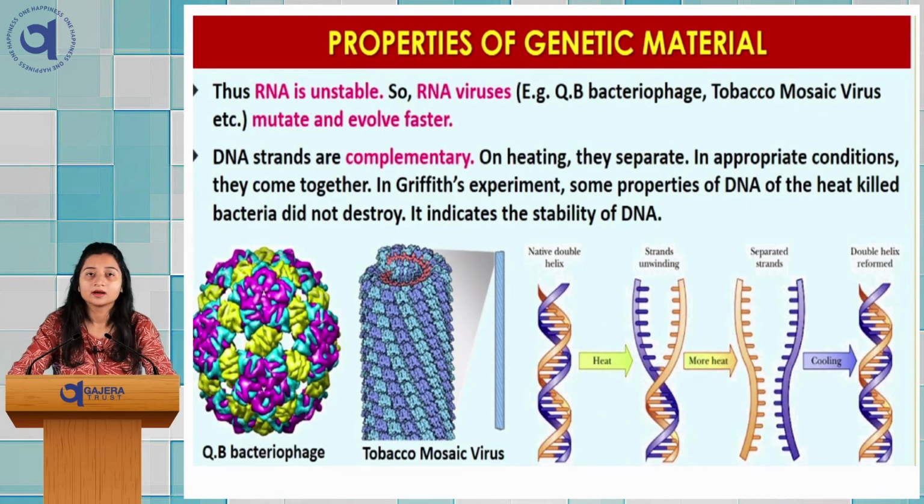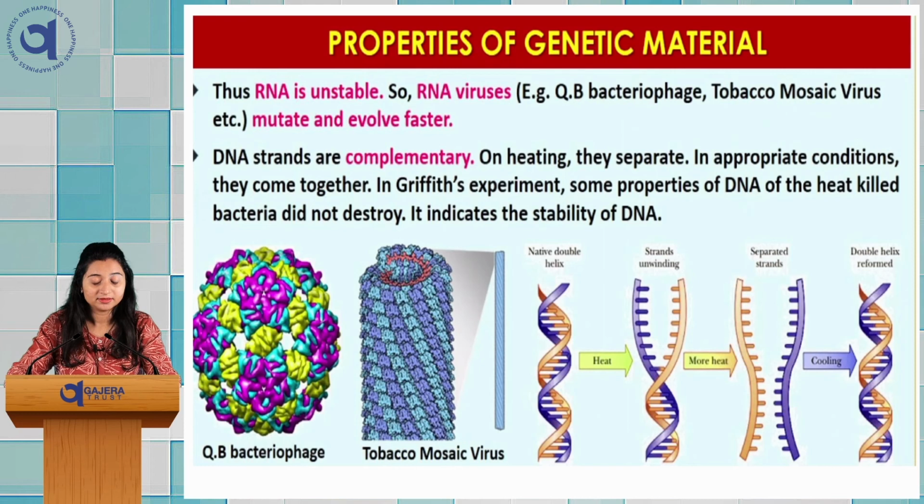Moving to the next topic now, RNA is unstable, but in some viruses, even RNA is found as the genetic material. Some examples are bacteriophage and tobacco mosaic virus, and they are able to mutate fast, so they are able to evolve faster also.